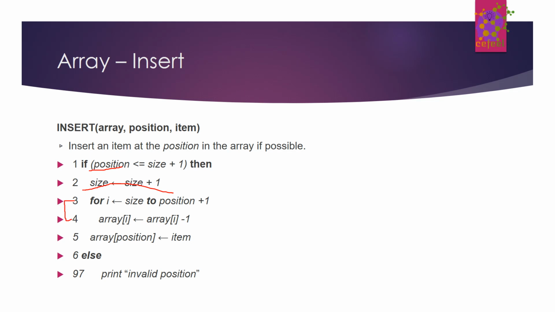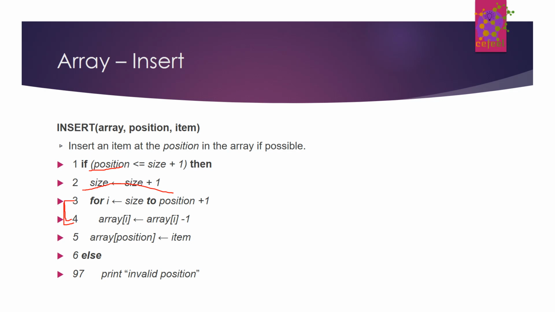So we start from i equals size down to position plus 1, which means we go to the end of the array, and then step by step we move the element, that is array[i] = array[i-1], which means we move the elements one by one to the right, finally till we make space for the element, which is after step 4.